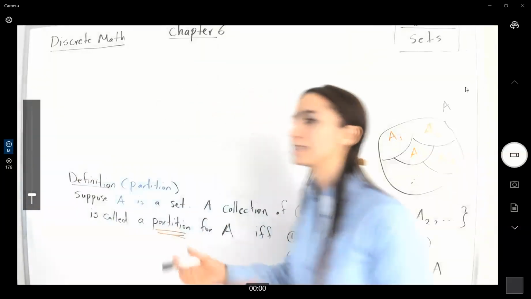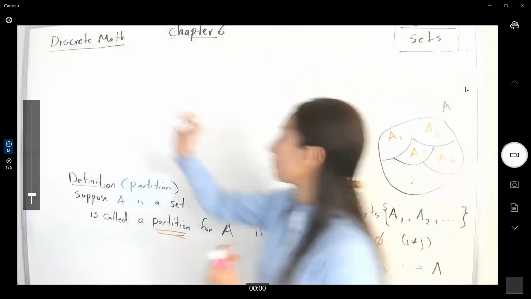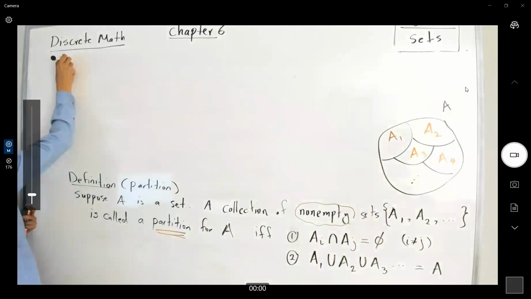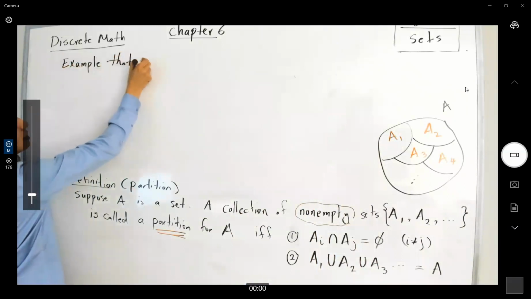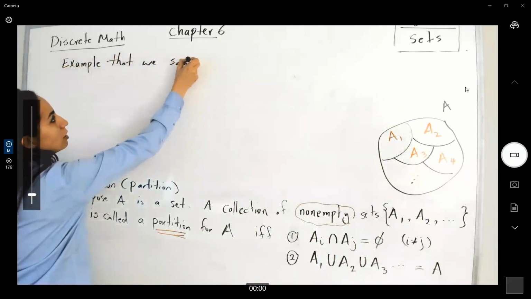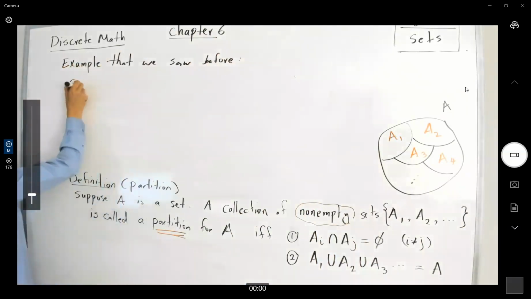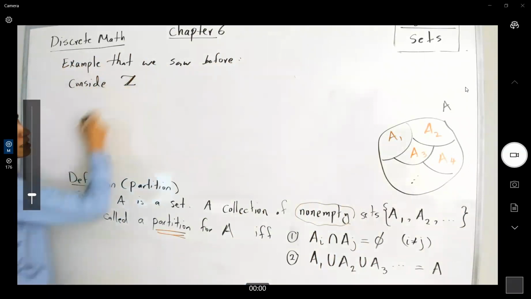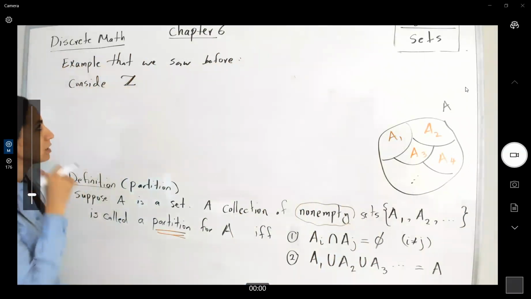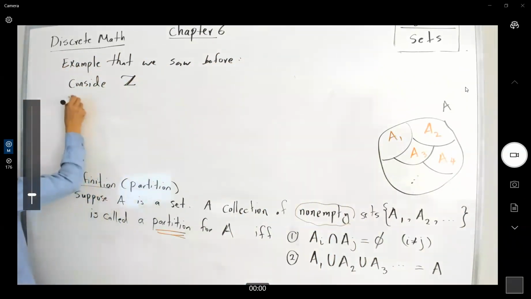Well, let us give an example from what we saw before. Okay, think about Z. Consider Z, the set of all integers, and think about the quotient remainder theorem.